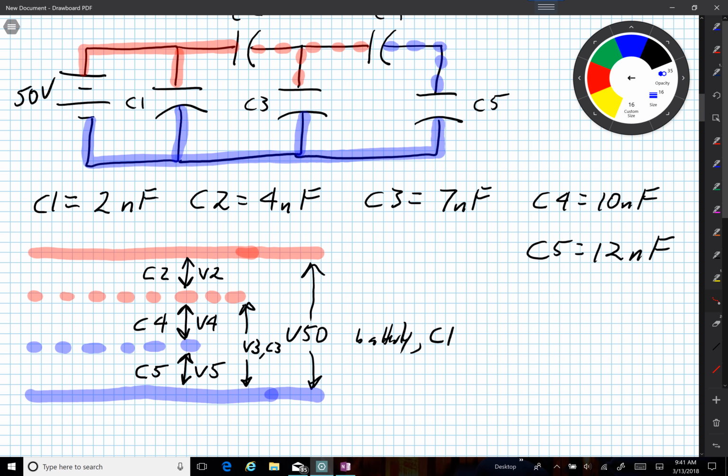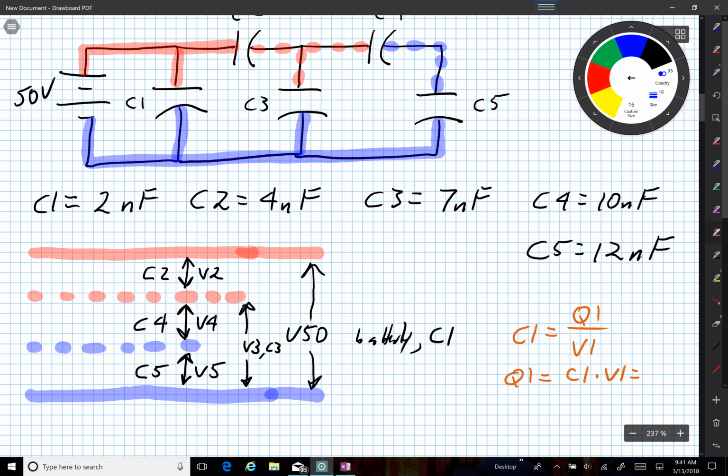So I know the voltage across C1 is 50 volts, okay? So I can immediately calculate something about that. I can immediately say that C1 equals Q1 over V1. So Q1 equals C1 times V1. And I know both of those.